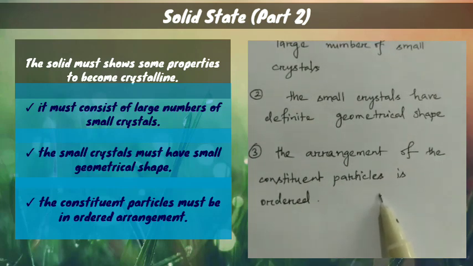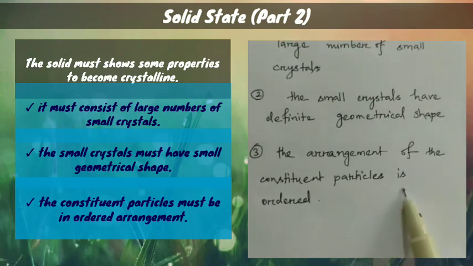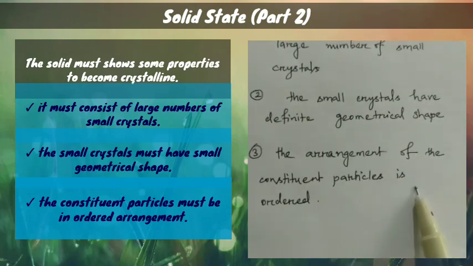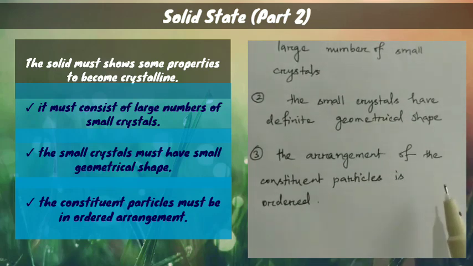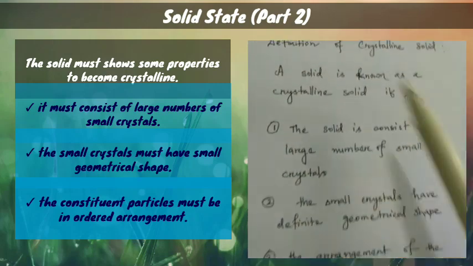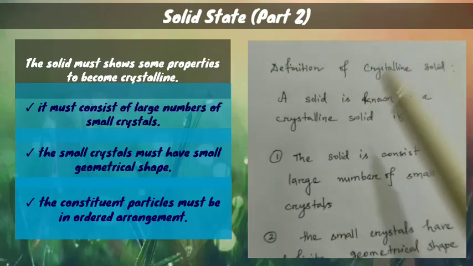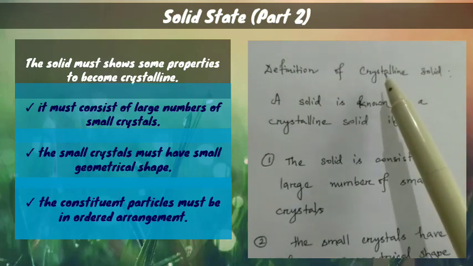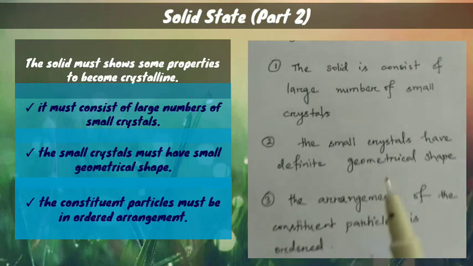That means the arrangement of these constituent particles should repeat itself periodically over the entire crystal to form the crystalline solid. So we can define the crystalline solid this way.